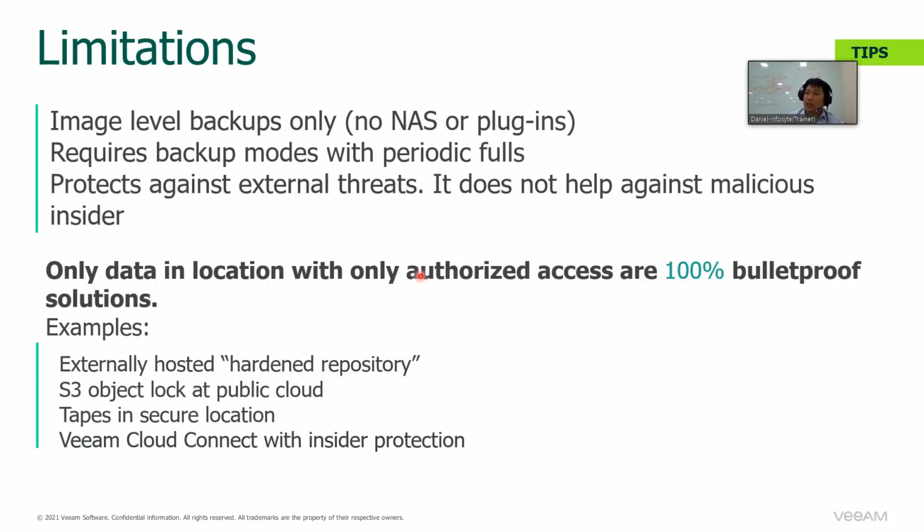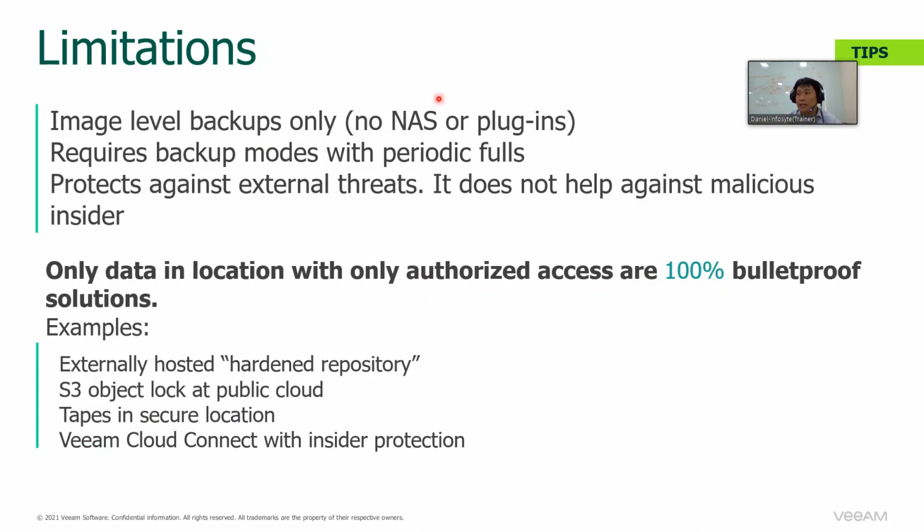Okay, so you will see here, utilizing this particular immutable repository, they can only support image-level backup. So your virtual machine backup and your agent backup can all be stored in the Linux backup repository with the immutable function.